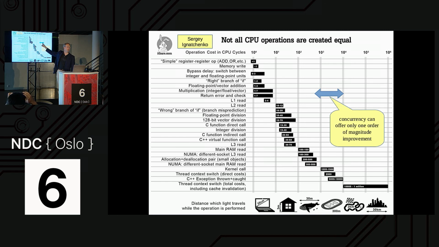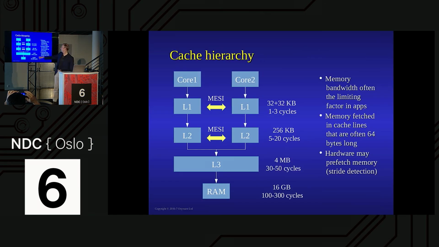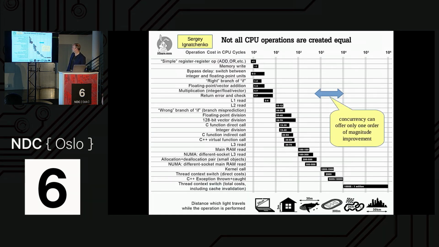You've got a factor of 100 between here and here. In order to try and make that up with extra CPUs, you need 100 CPUs, minimally, and that's before Amdahl's law comes and gets you. So don't try and throw multiple threads at this to try and solve your problem. Try and solve it by actually using the memory that you've got correctly. So make your single thread go fast before you start adding extra threads in.